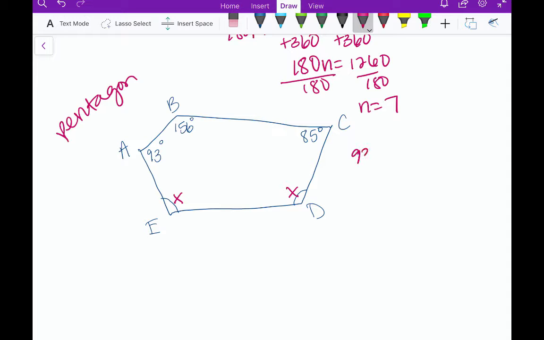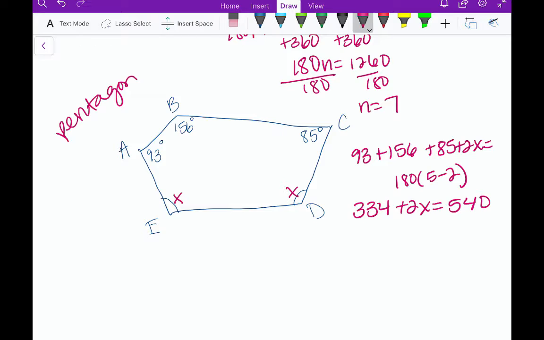So if I add up all of the interior angles, that is going to be equal to 180 times n, which is 5, minus 2. Where did I get the 5? I got the 5 because it's a pentagon. So now I need to do a bunch of math here to be able to figure this out. So I added up these constants on the left side, and I got 334 plus 2x equals 540.